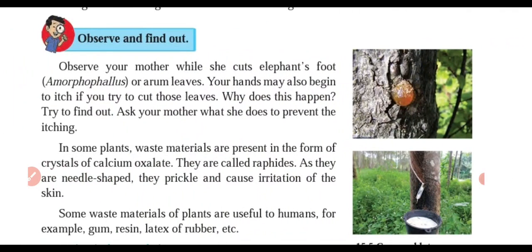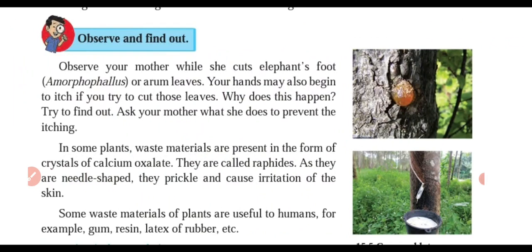You must have observed your mother while she cuts up elephant foot or arum leaves, called arwai ka patta, which is used to make arwai pakoda, patra, also called patodi. Some people call it patra or patodi. Your hands may also begin to itch if you try to cut those leaves. Why does this happen?